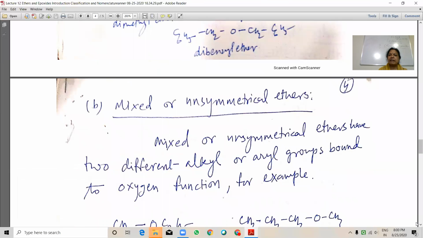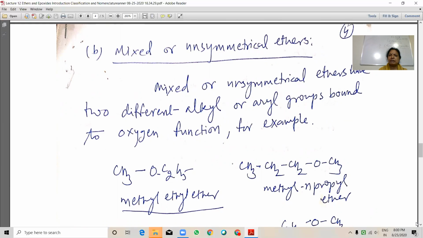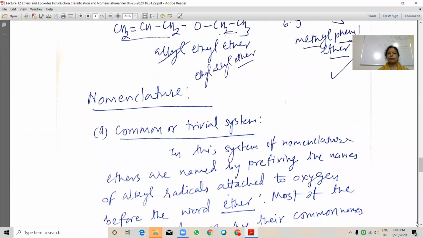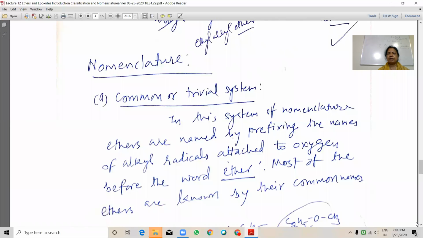Mixed or unsymmetrical ethers have two different alkyl or aryl groups bound to the oxygen function. For example, methyl ethyl ether, methyl normal propyl ether, ethyl allyl ether, methyl phenyl ether. Nomenclature. Common or trivial name system.